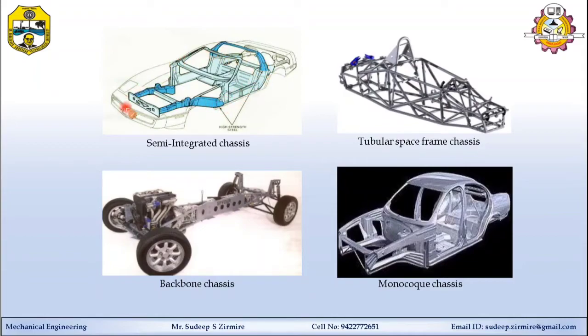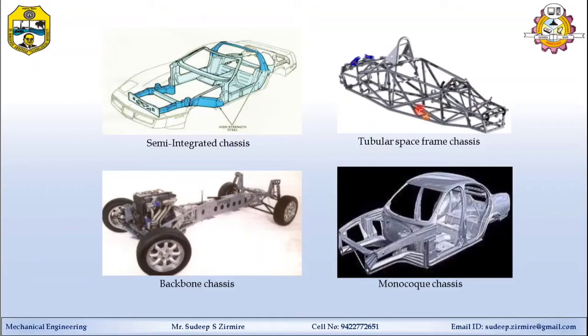Where the loads come over this chassis, high strength material is provided, and ordinary plain material is used to build the other part of the chassis. So it is the optimum criterion in case of cost saving.